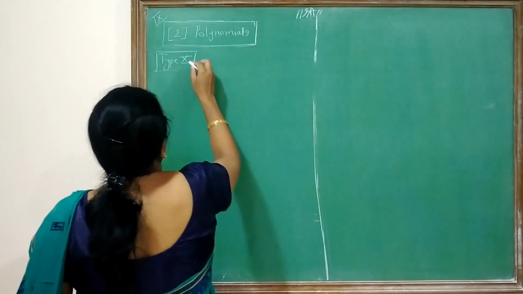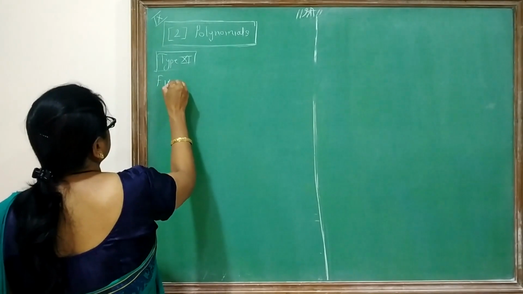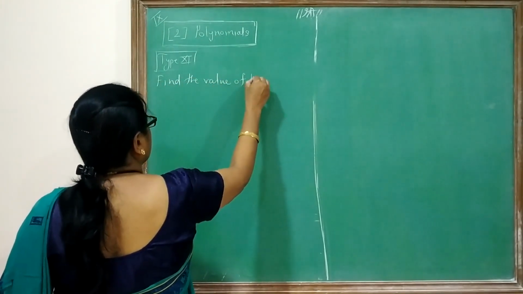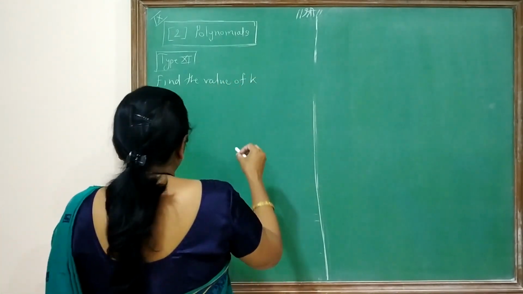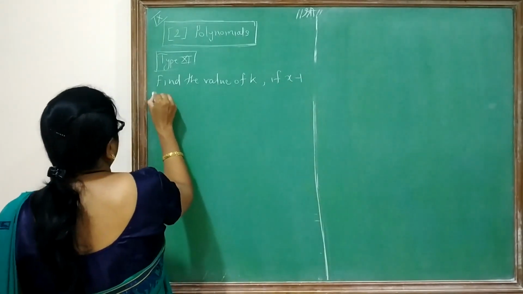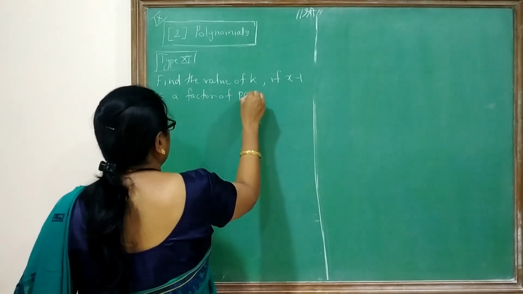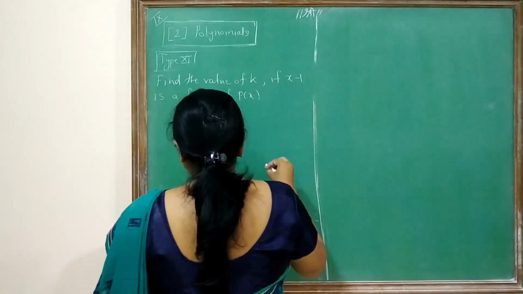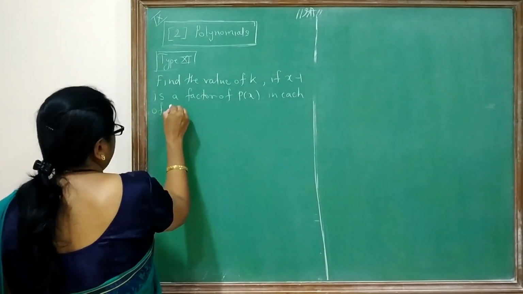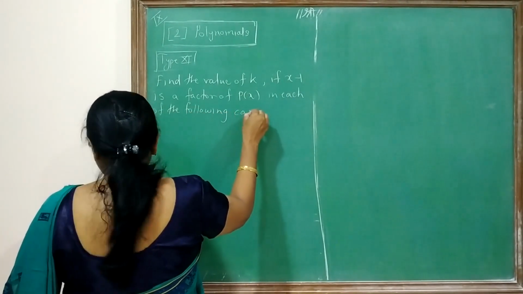Then your type 11. Find the value of k if x minus 1 is a factor of p of x in each of the following cases.